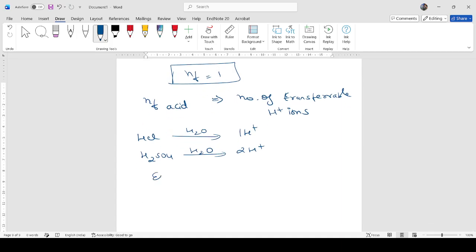So consider the equivalent weight of sulfuric acid. What will be the equivalent weight of sulfuric acid?